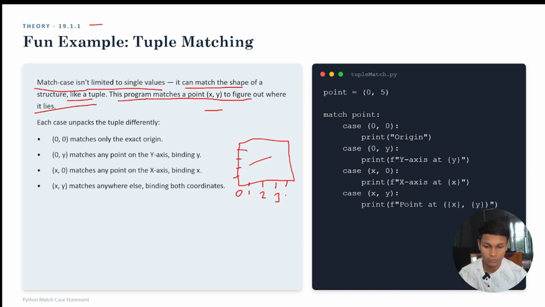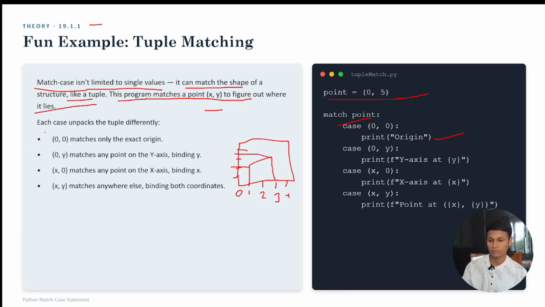In the y plane it's like that. The idea is simple: here we are going to take a variable equal to 0, 5, then check which case the point will match. If it matches any case, then it prints what you want.